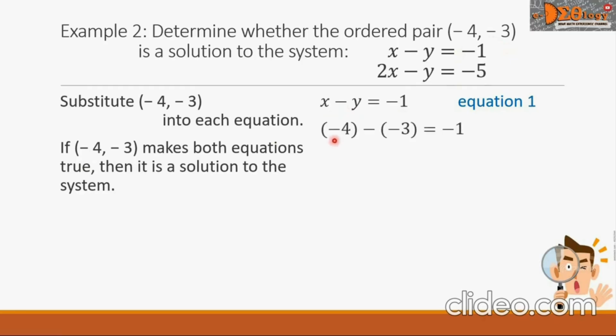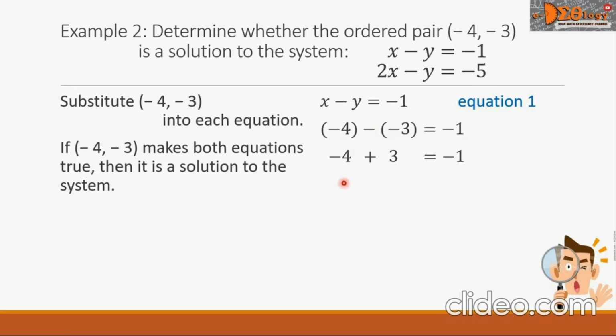So we have here negative 4 minus negative 3 must be equal to negative 1. Let us simplify the left side. This negative 4 will simply come out as negative 4. The negative and the negative becomes positive. So this is now plus 3 must be equal to negative 1.